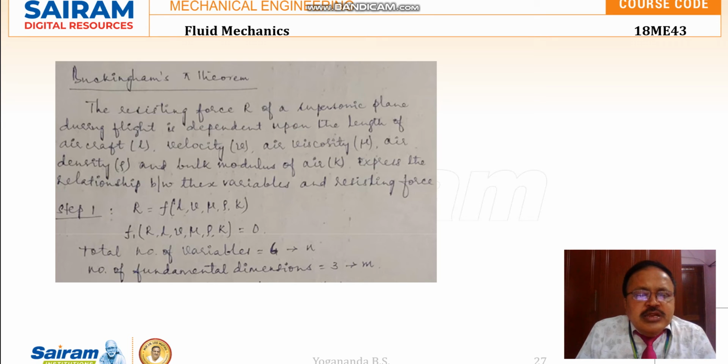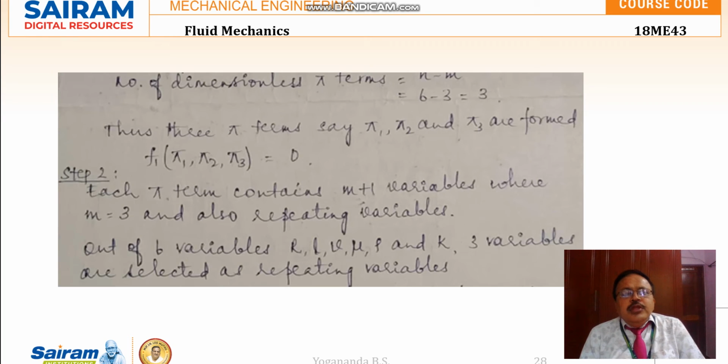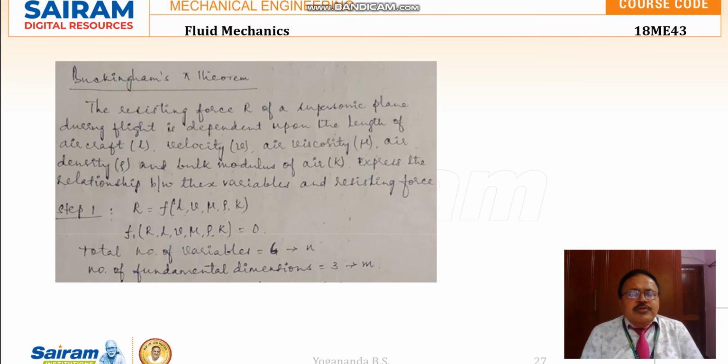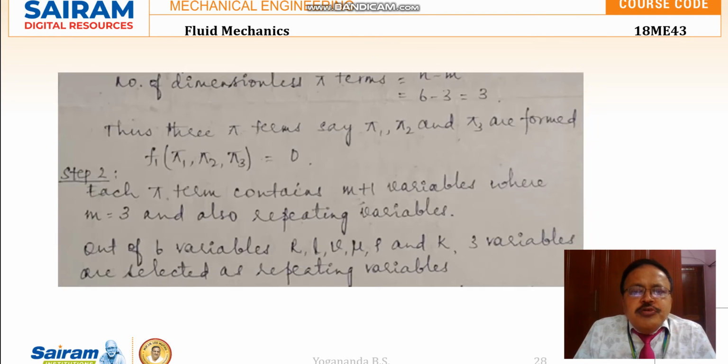The number of fundamental dimensions, that is length, mass and time, is 3, so M is equal to 3. The number of pi terms will always be N minus M. In this problem, the total number of variables N is 6, and the fundamental dimensions are L, M and T, so M is 3.